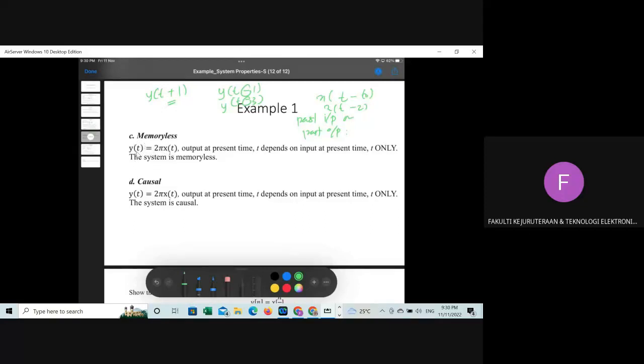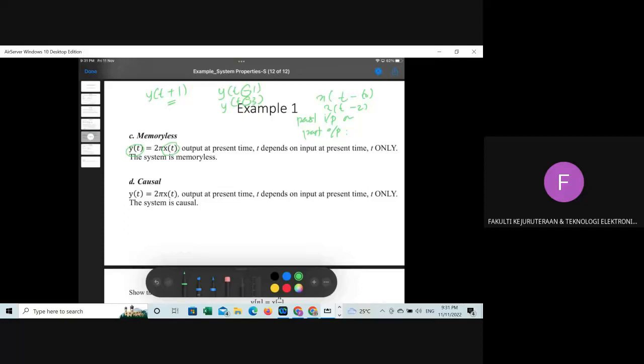The present output here depends on the present input. So it does not depend on the past, whatever happened in the past, either input or output. So that means the system is memoryless, no memory.